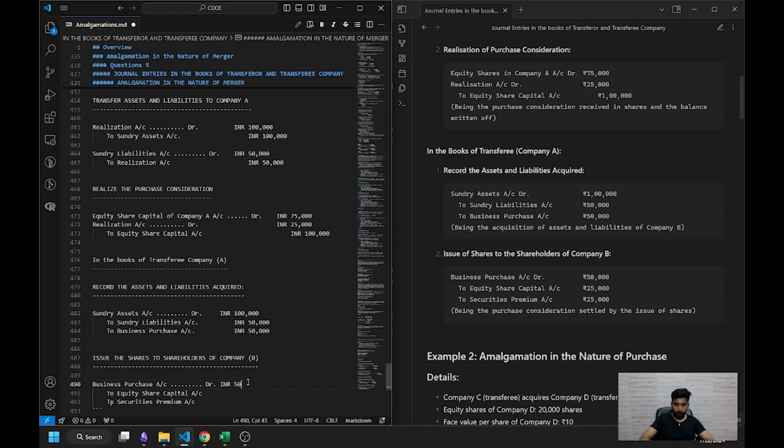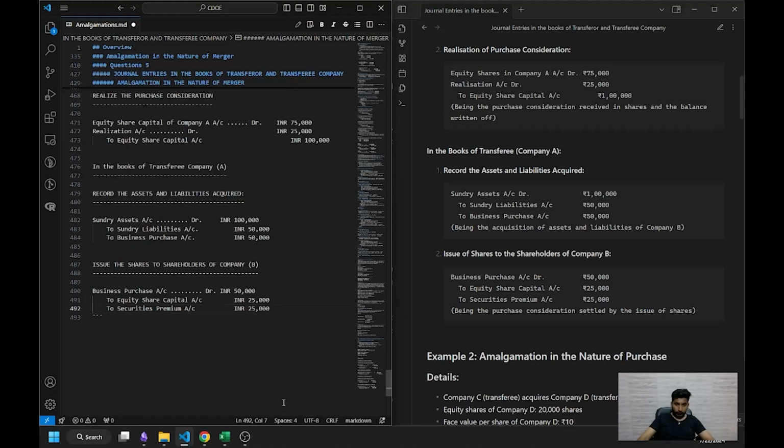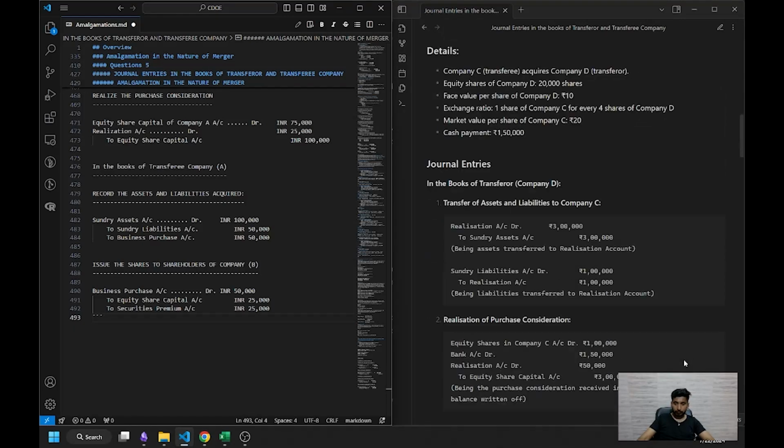Now it will be rupees 50,000, which is rupees 25,000 and rupees 25,000. And this is how the accounting treatment will be done.